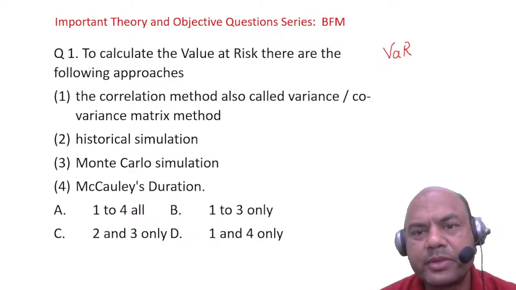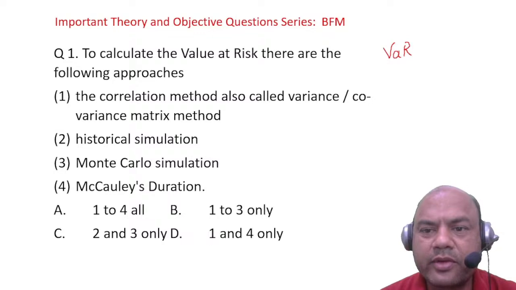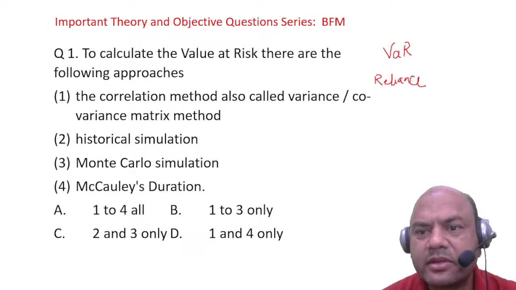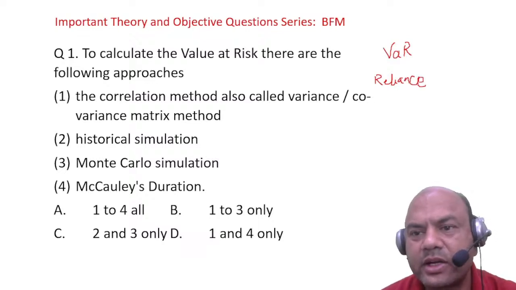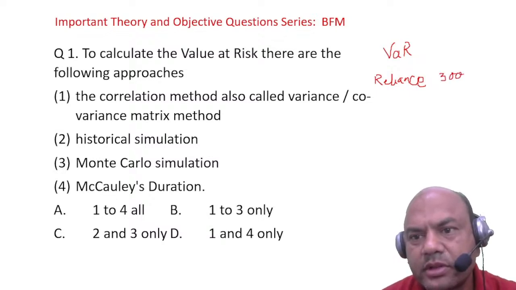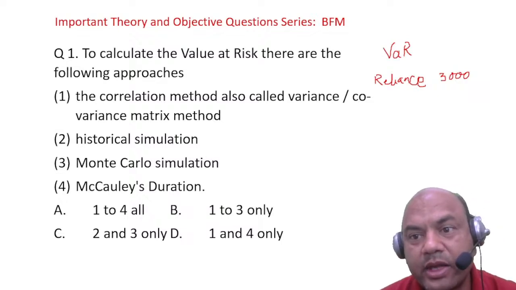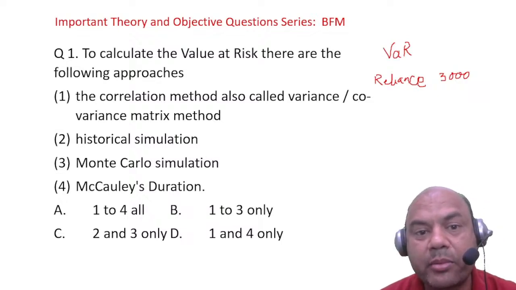I'll give you a simple example. Suppose I have invested in a Reliance share. Imagine the price of Reliance is right now at 3000. Now what is my VAR? Value at risk means what is my amount at risk?